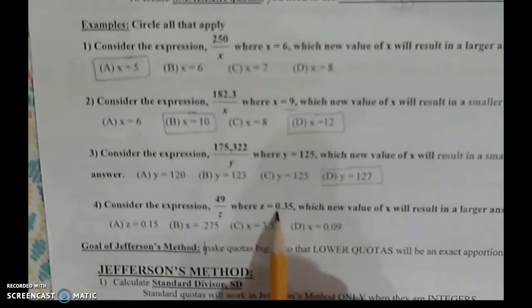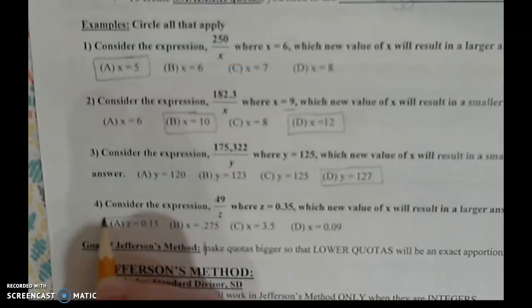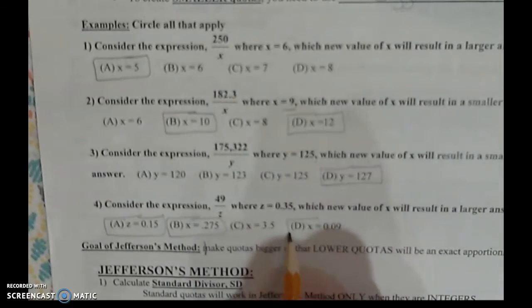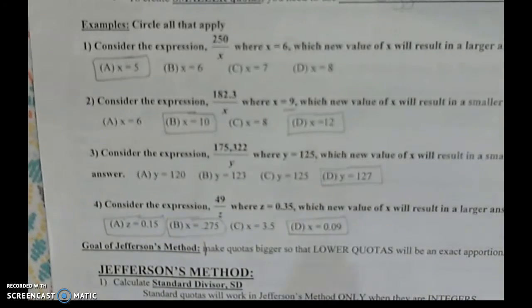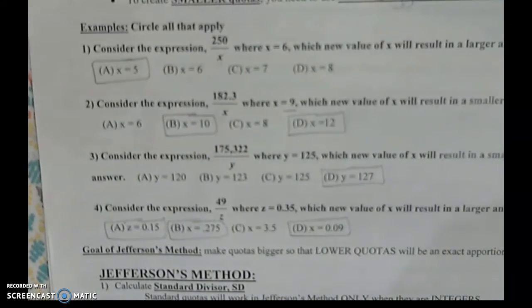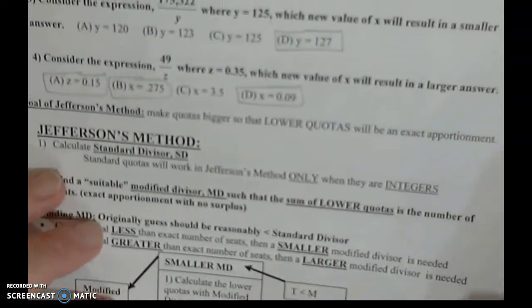And if it's already 0.35, what's going to be smaller would be 0.15, 0.275, and 0.09 would all be smaller. 3.5 is bigger, so that wouldn't work. Okay? So that's just a little quick adjustment there.